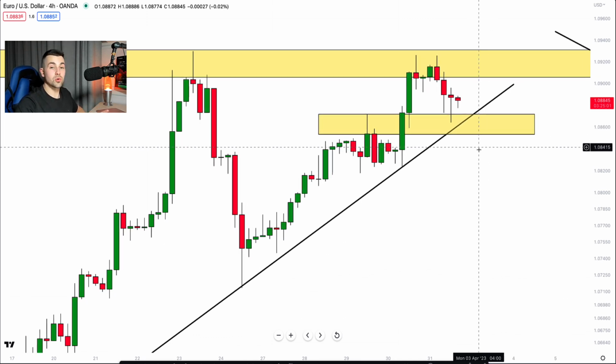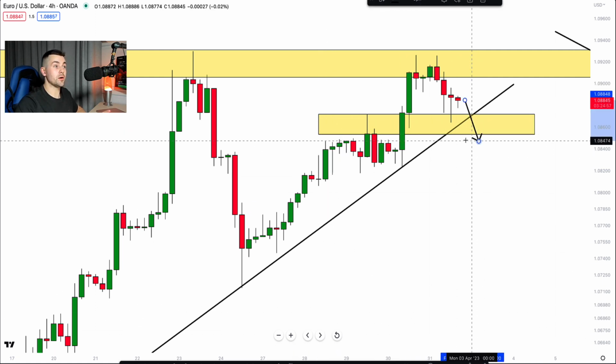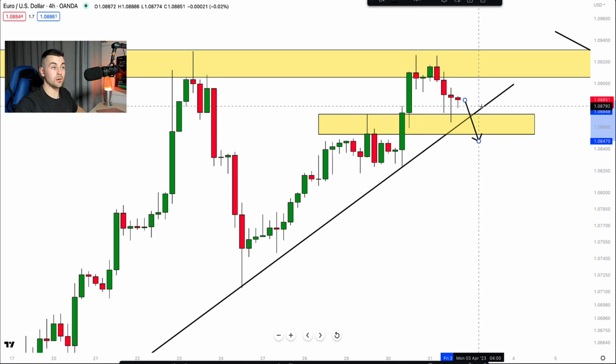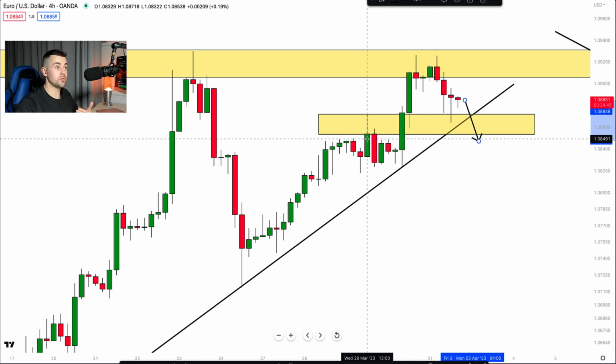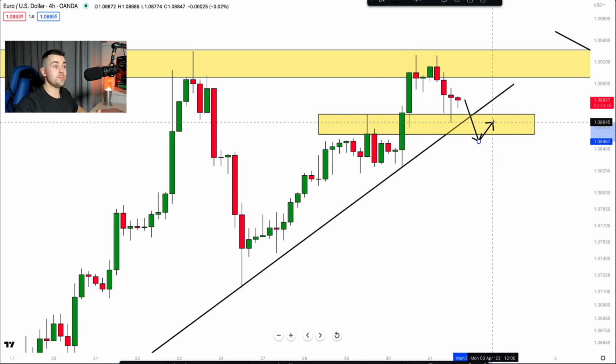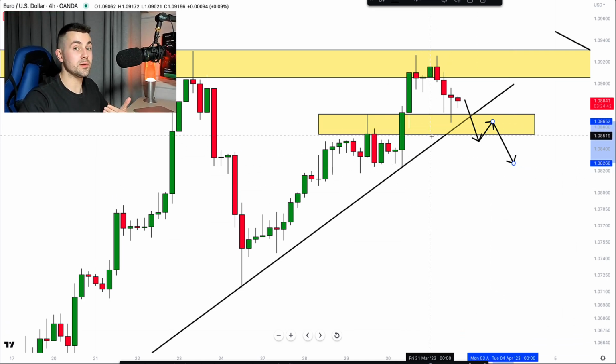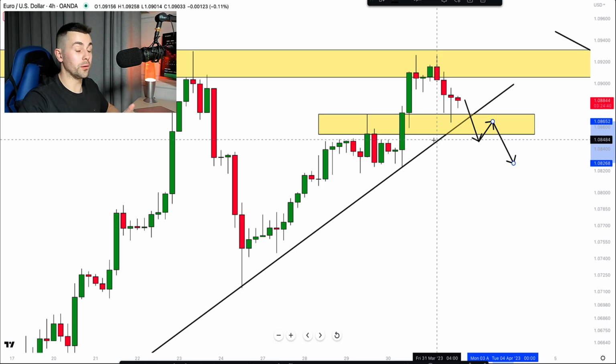If you're looking for shorting Euro dollar, I would recommend you waiting for a bearish breakout of both that horizontal support and that trend line. If a 4-hour candle closes below them too, a bearish continuation will be expected to lower structure levels. So that will be the scenario for those who want to short.